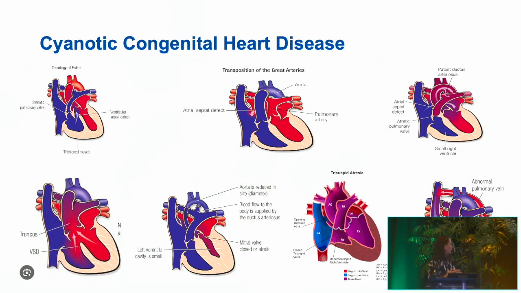And then we have the truncus. Truncus is when, during embryology, the main pulmonary artery and the aorta fail to septate, causing problems. Obviously, it's a parallel circuit because it has one tube pumping to everything.